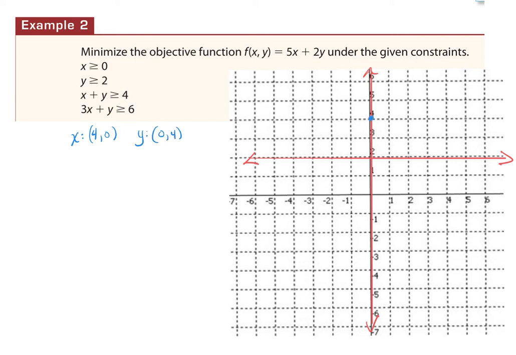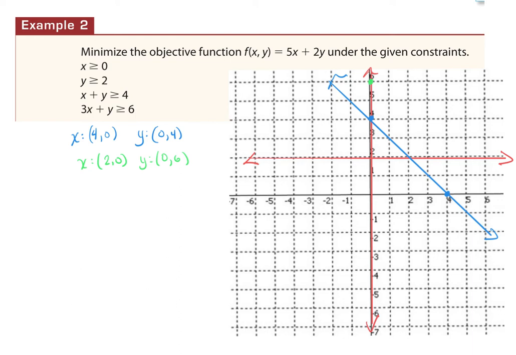And so you graph your y and your x-intercept, and then you're going to connect those, everything above it. And then you also have a second line here. Your x-intercept for this second line is going to be that 6 over 3, which is 2. And your y-intercept is just 6 over 1, which is 6.